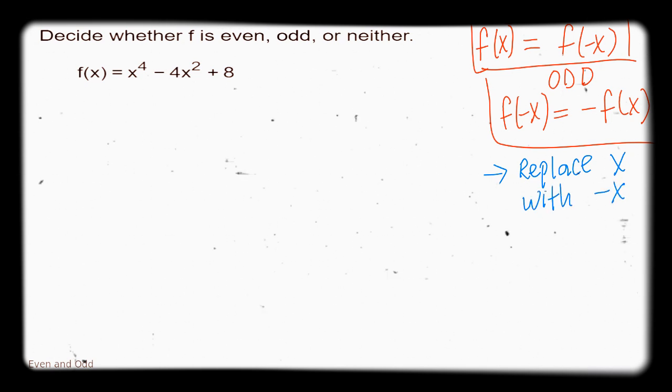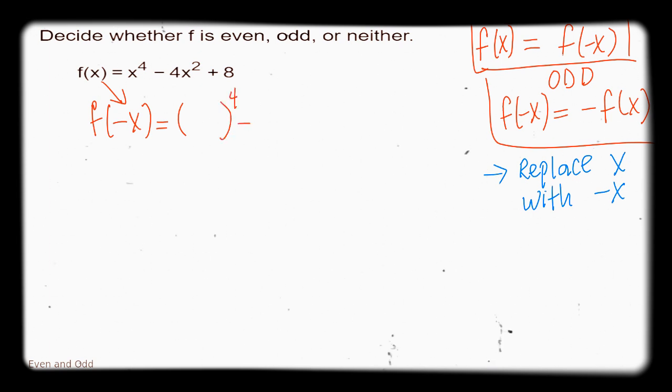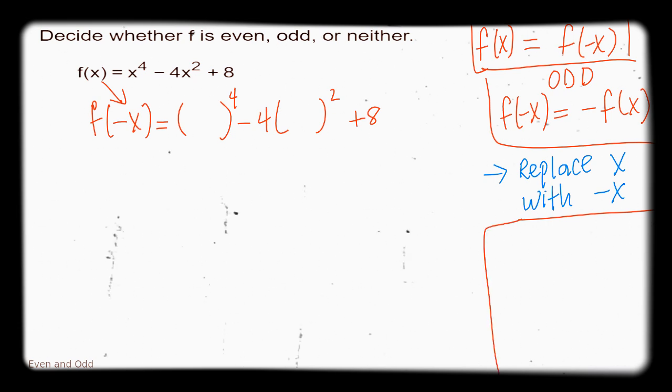So everywhere that we see x, we're going to replace it with negative x. So our input is negative x now. Everywhere I see x, and only x, I'm changing.